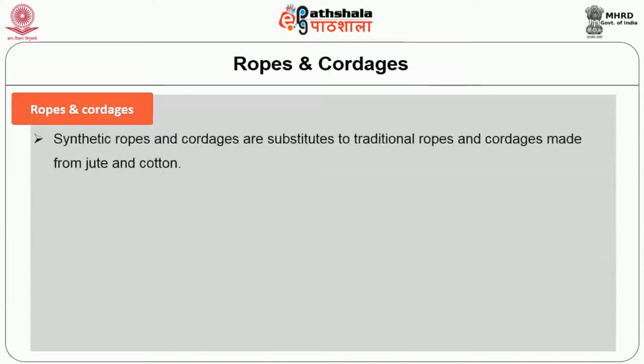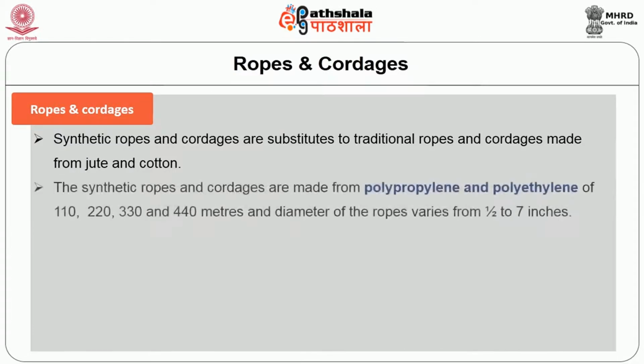Synthetic ropes and cordages are substitutes to traditional ropes made from jute and cotton. The synthetic ropes and cordages are made from polypropylene and polyethylene of 110, 220, 330, 440 meters, and the diameter of the rope varies from half to 7 inches.